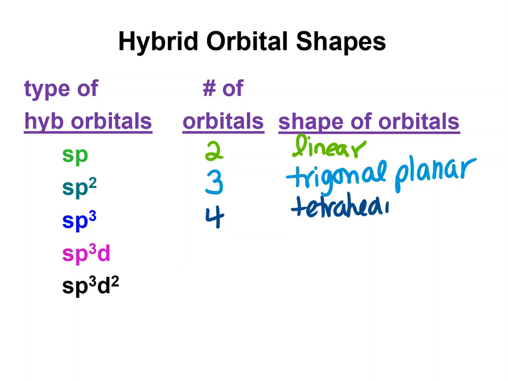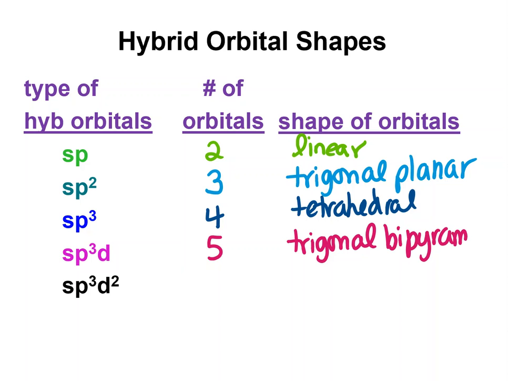That's the one we just did. Next, I've got 5 orbitals that went into this. Remember, the exponents are telling me what orbitals went in and were recombined to make the hybrid. With 5, I'm going to have trigonal bipyramidal. Last, I have 6 orbitals going in, and my geometry will be octahedral.